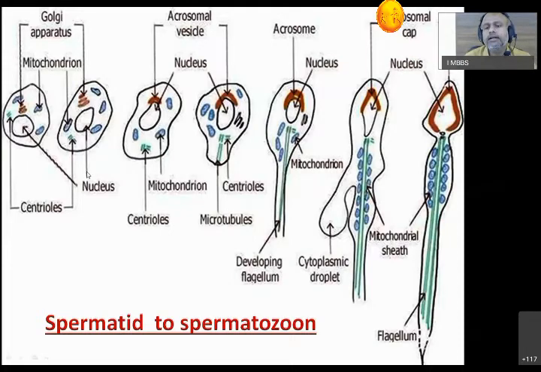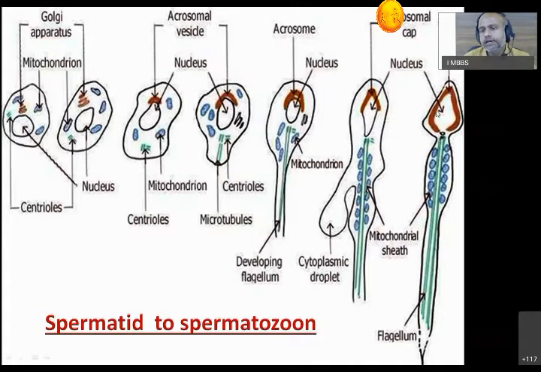What parts are lost? The excess cytoplasm is lost, except a thin rim of cytoplasm present in this part. Otherwise, the rest of the cytoplasm is lost. Other unnecessary organelles are also lost along with the cytoplasmic droplets, including the RNA.